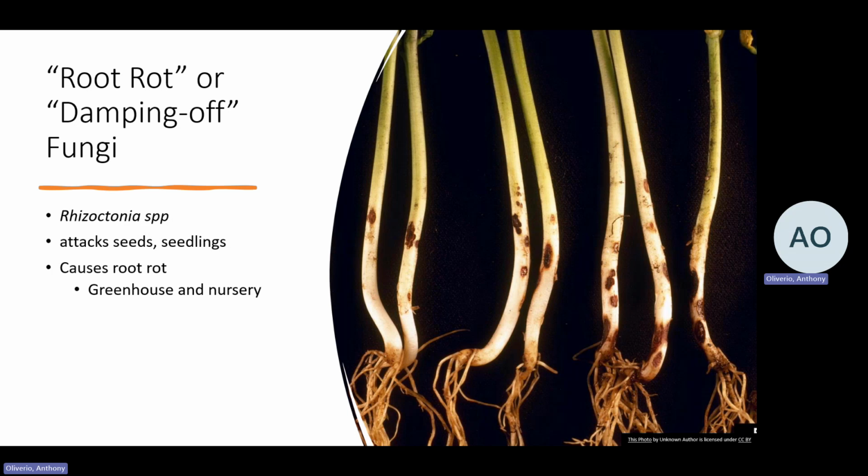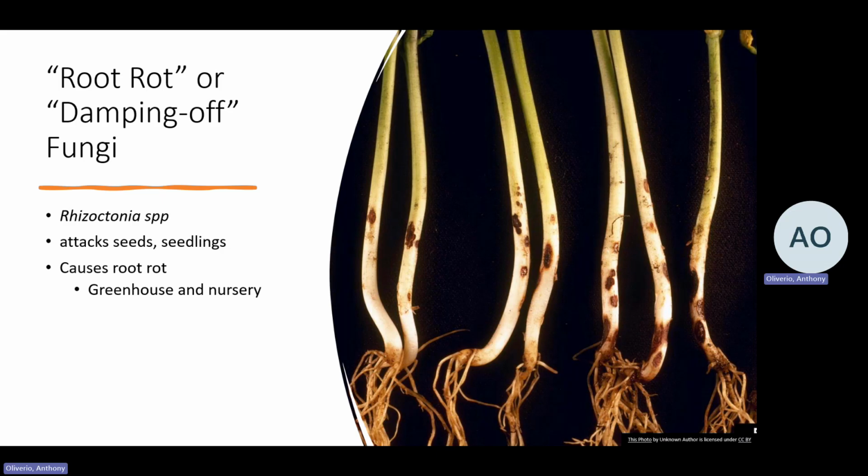And this fungus attacks the roots and kind of keeps the plant from harvesting nutrients and taking in water and basically kills the roots. And some of them can actually specialize in seedlings and attack the seedlings so they don't even germinate or grow.